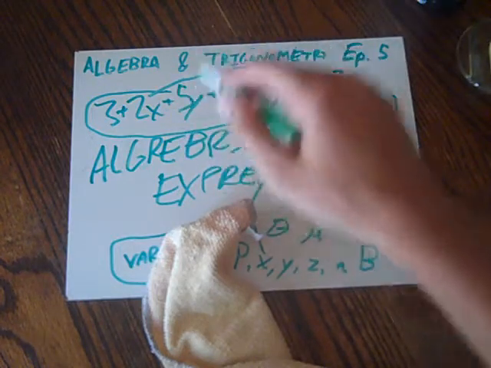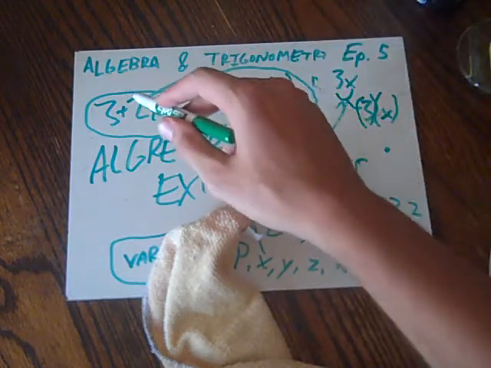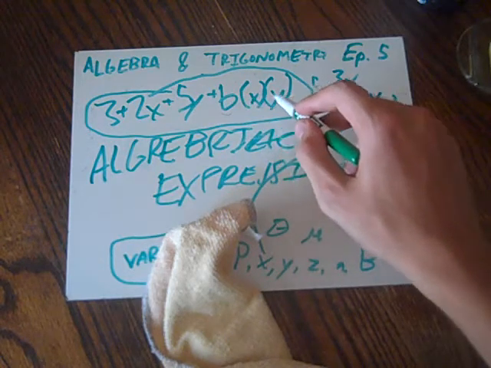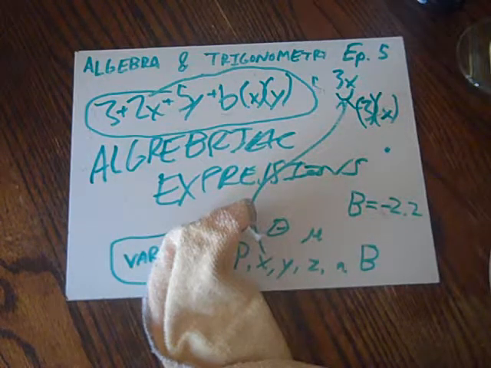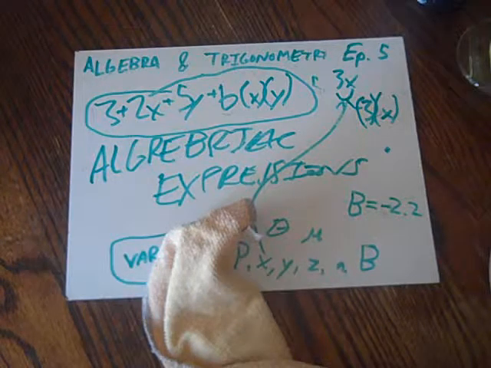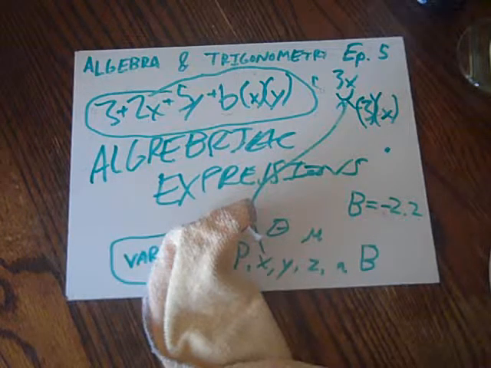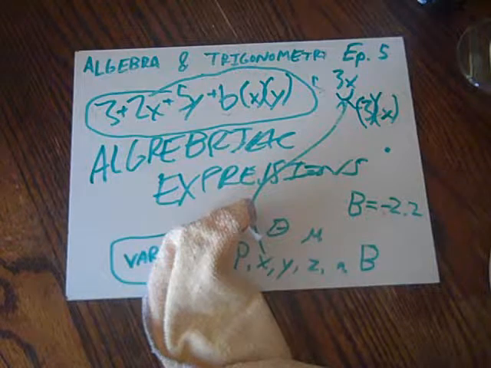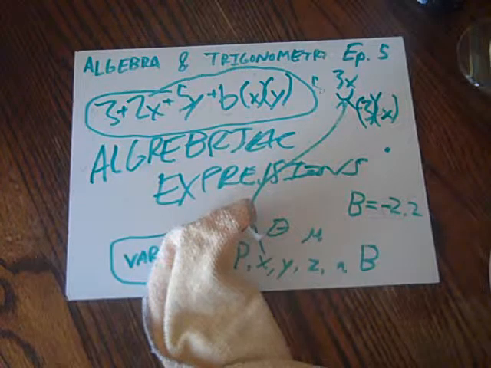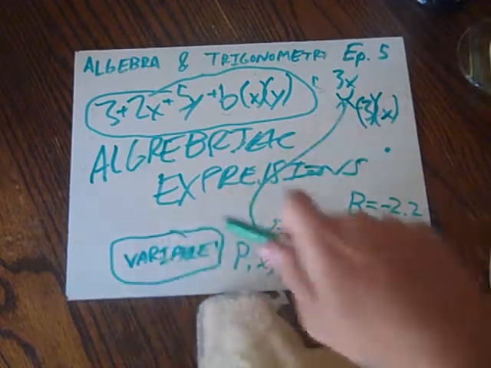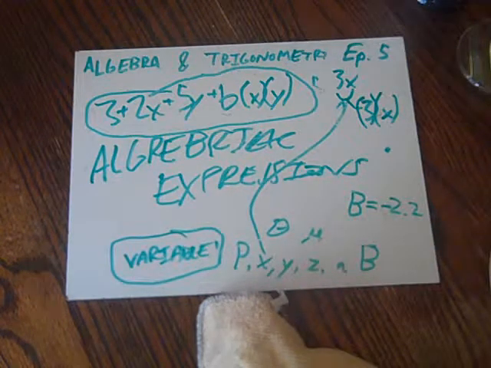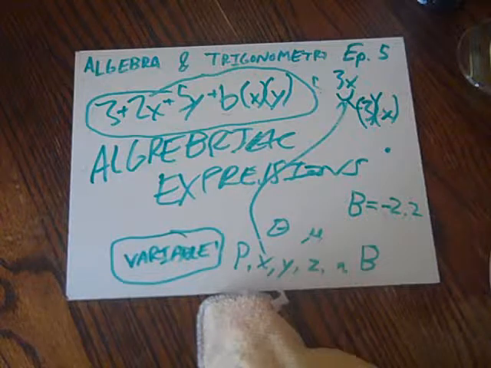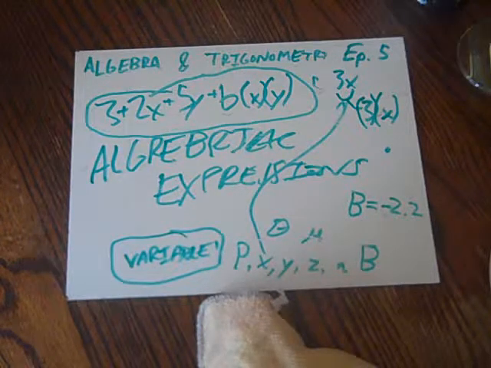Now this one has 5 variables, but that doesn't matter because it is still an algebraic expression. These are all variables.